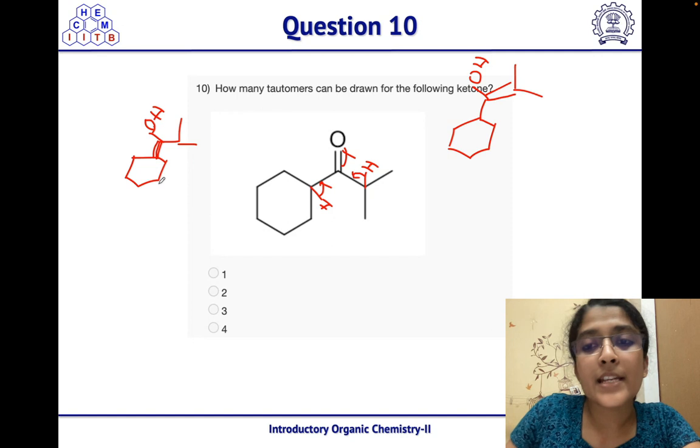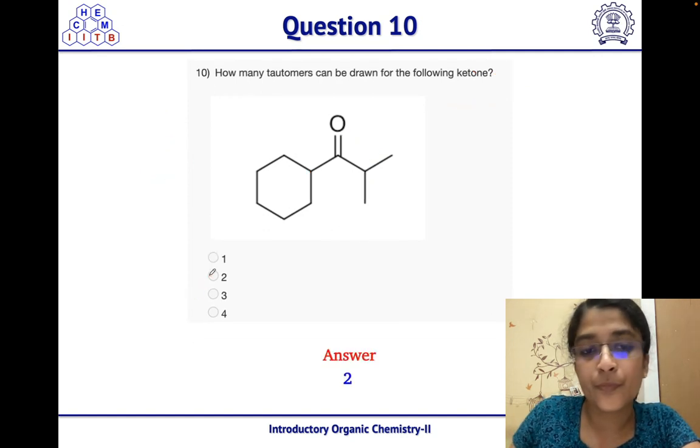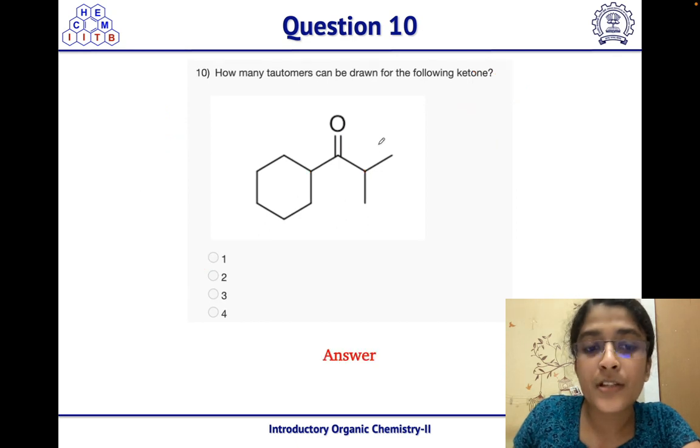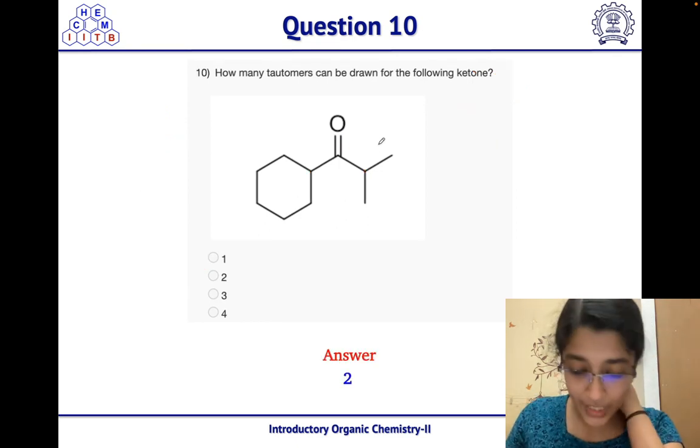So the correct answer will be 2. Two tautomers we can draw. As we have seen here, one tautomer will be because of abstraction of this alpha hydrogen, and the second tautomer will be because of abstraction of this hydrogen. So the correct answer is 2. Is this clear?